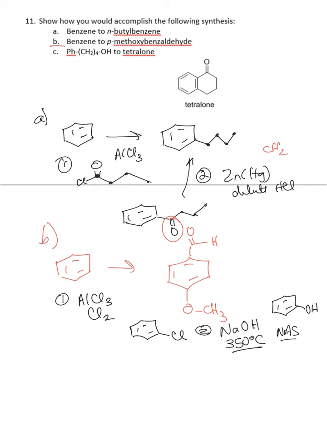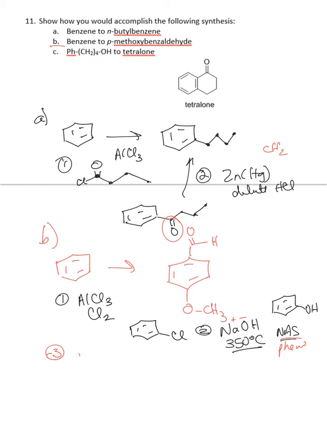So basically the chlorine is deactivating enough for the ring at high temperatures that this will undergo nucleophilic aromatic substitution and replace the chlorine with an OH, which we call a phenol.